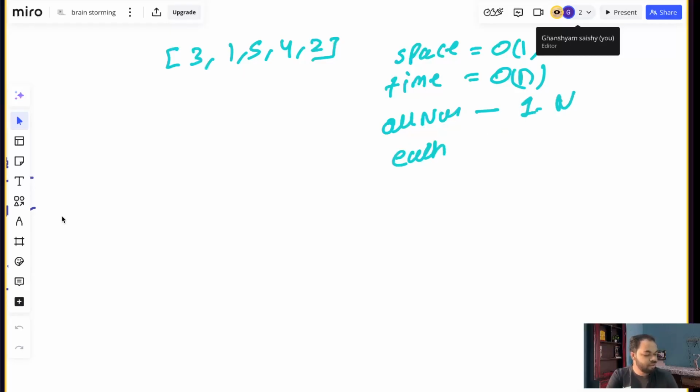These are the things I know. And this is the given input array.